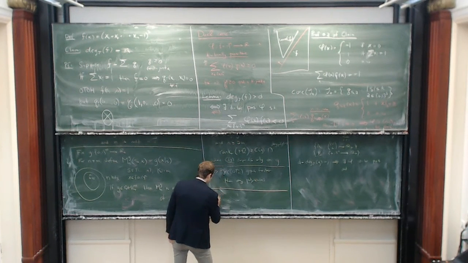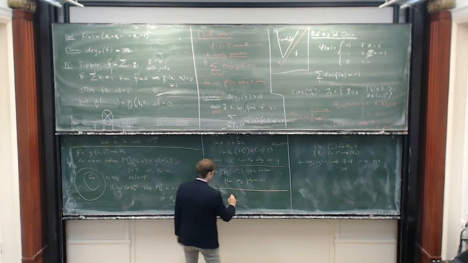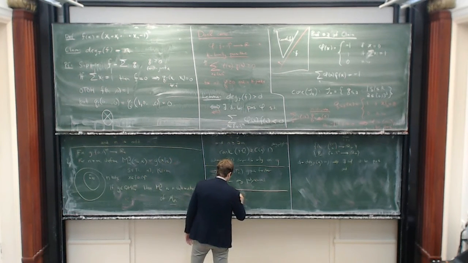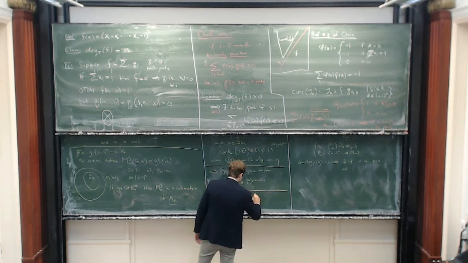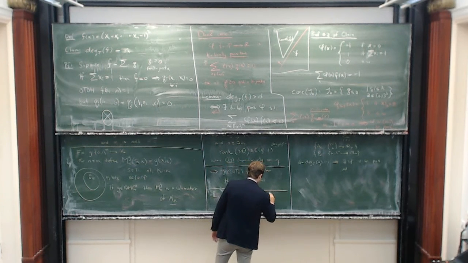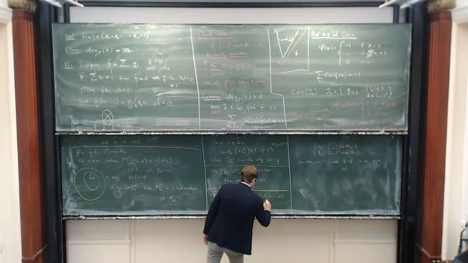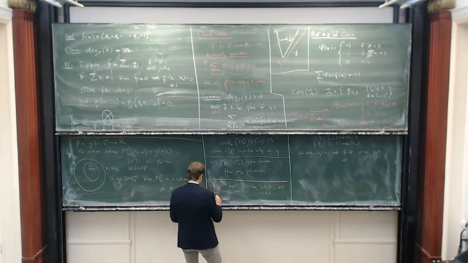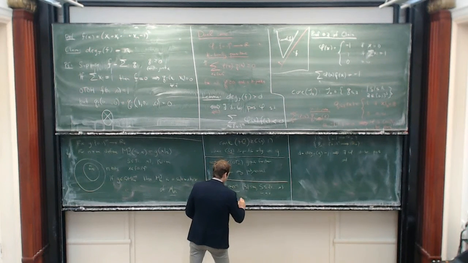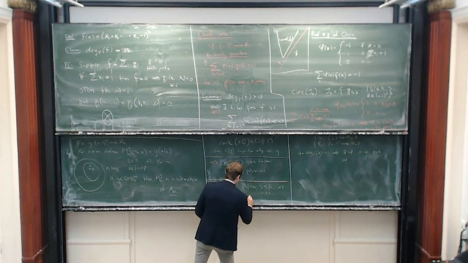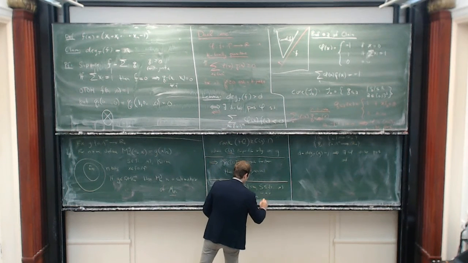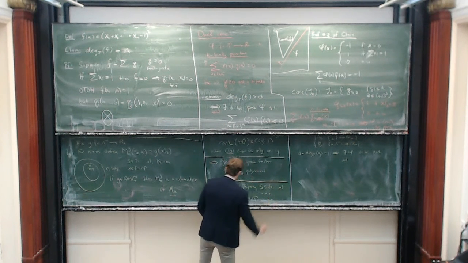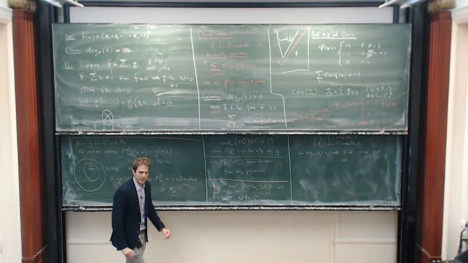When I write expectation sub S, this is over a random subset of size M chosen uniformly at random. And when I write expectation sub X, this is over X just chosen from the hypercube uniformly at random. Okay, so I want to have these things.